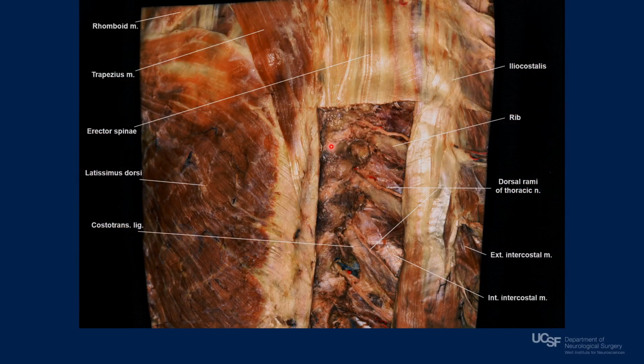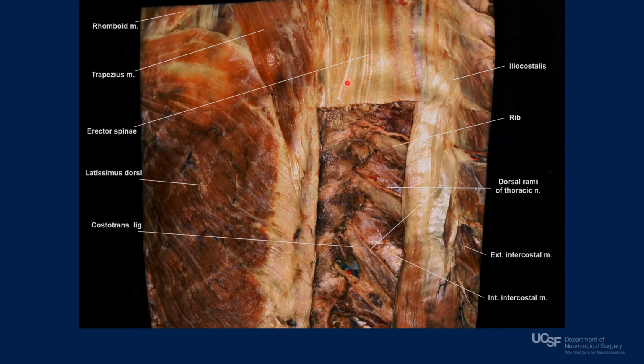This is a posterior view from superior to inferior, medial to lateral. We can visualize the superficial trapezius muscle that attaches to the upper thoracic and cervical spinous processes, as well as the latissimus dorsi muscle that attaches to the mid and lower thoracic spinous processes.